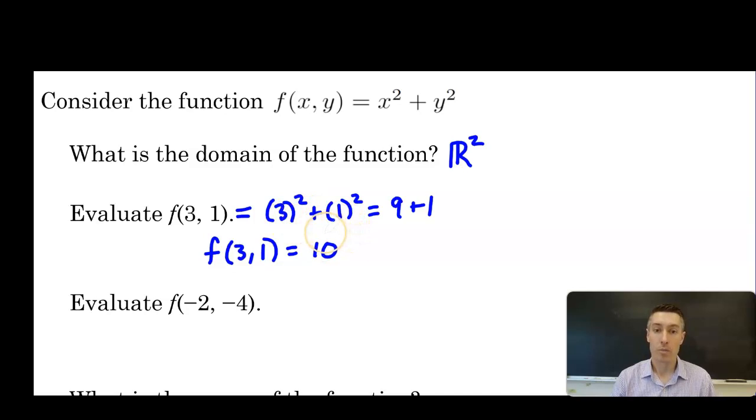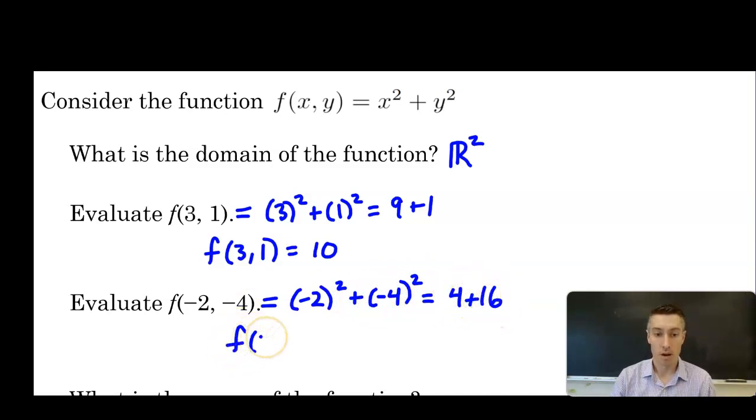It's more expressing the mechanics of evaluating a function of two variables, how both inputs work together now. So f of -2, -4. So -2 for x, -4 for y. So that's going to be 4 plus 16. So f of -2, -4 is equal to 20.